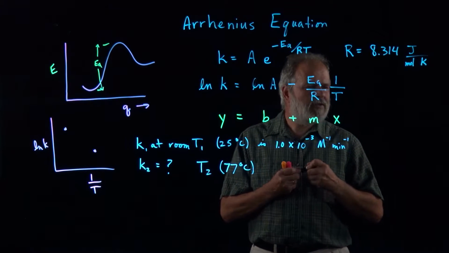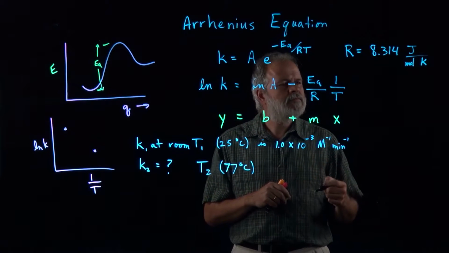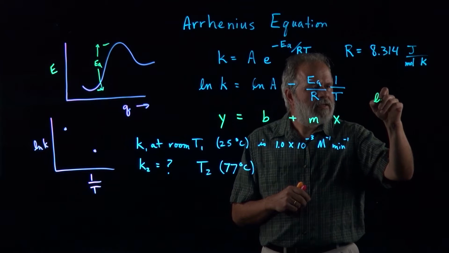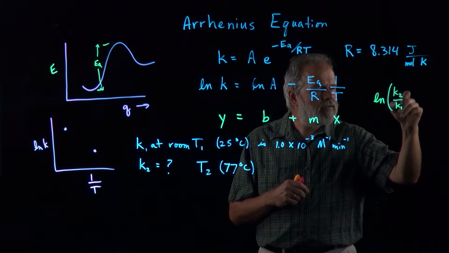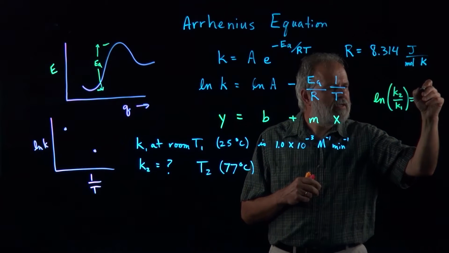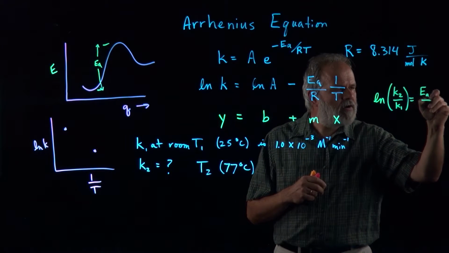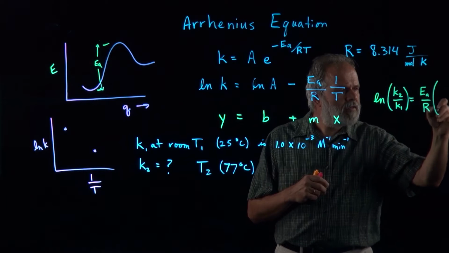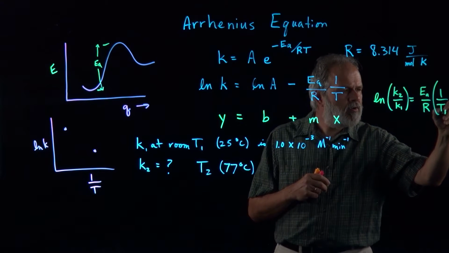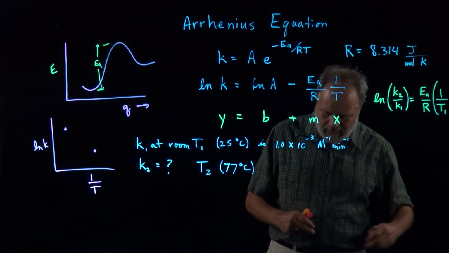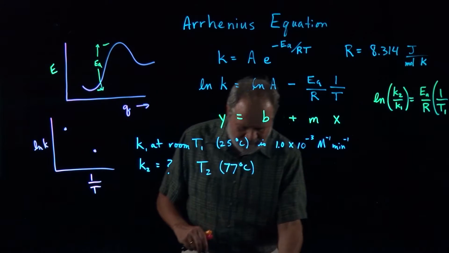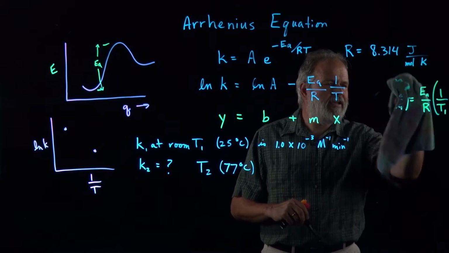The two-point formula for this equation is the natural log of K2 over K1 equals E sub A over R times 1 over T1 minus 1 over T2.